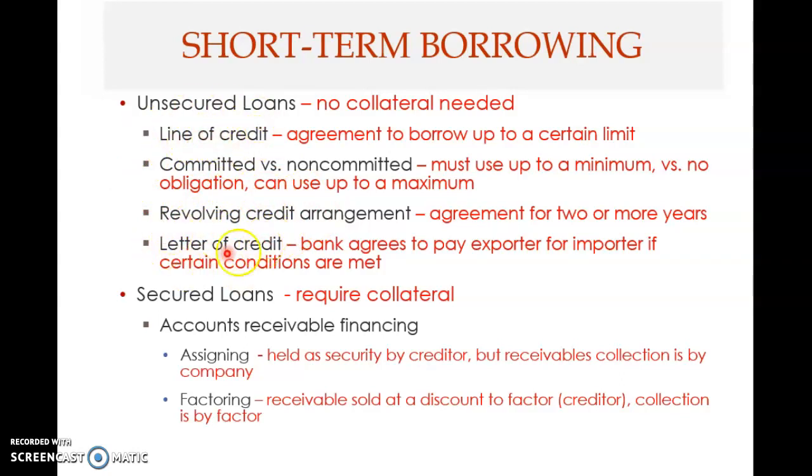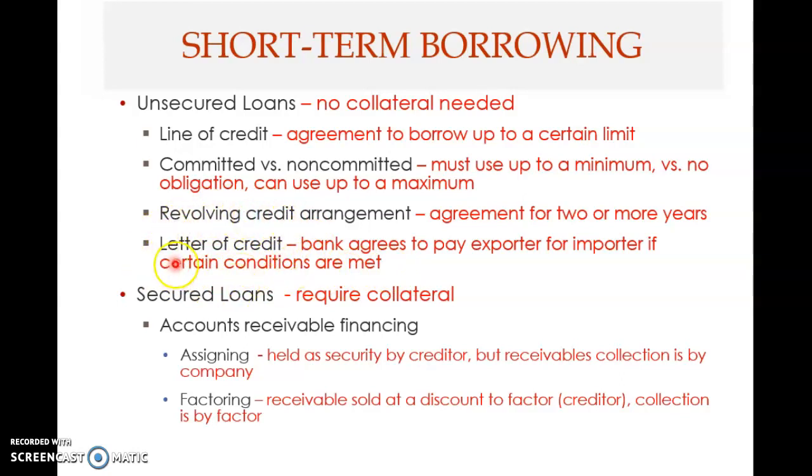Then another type of unsecured loan is the letter of credit. This is issued by the importer's bank on behalf of the importer, and the bank agrees to pay the exporter if certain conditions are met. This letter of credit is an important instrument.